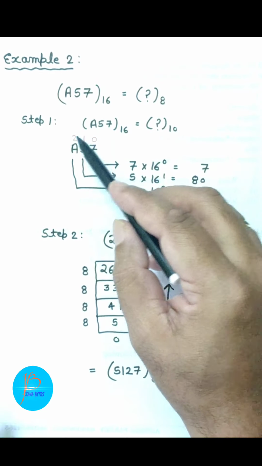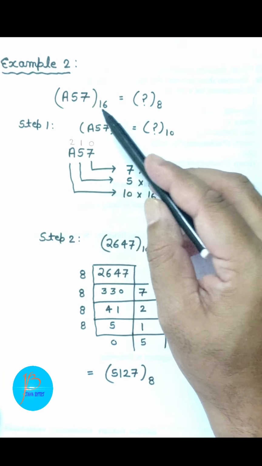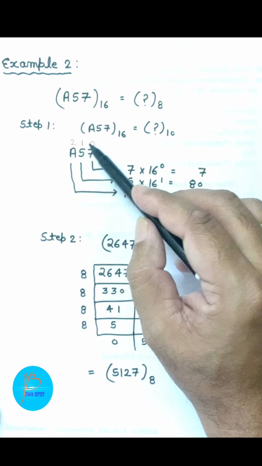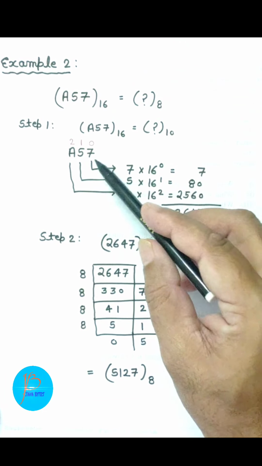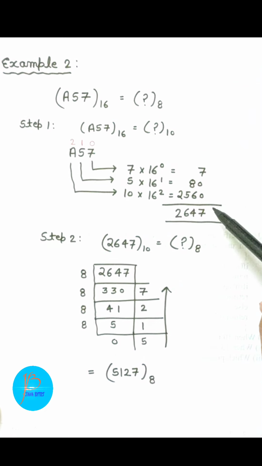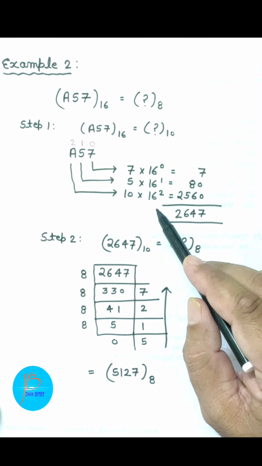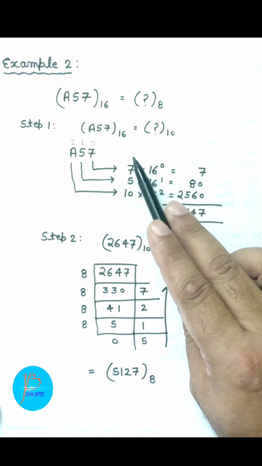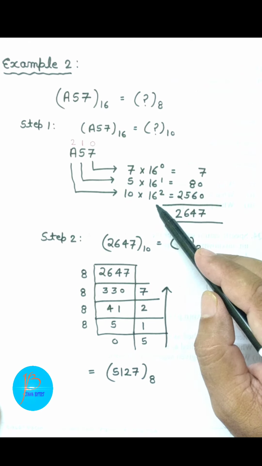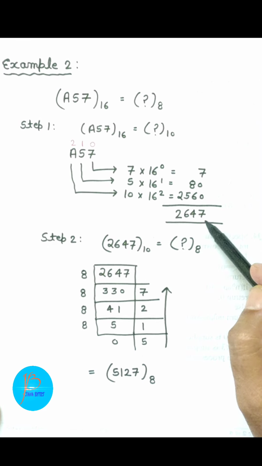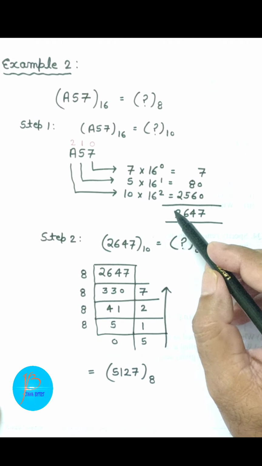In the first step, children, you will take the number A57 and mark it from right to left, 0 1 2, and then the same process which we have already learned. You will calculate all its digits by raising them as powers of 16. Your final answer will be 2647, and it is the answer on the base 10.